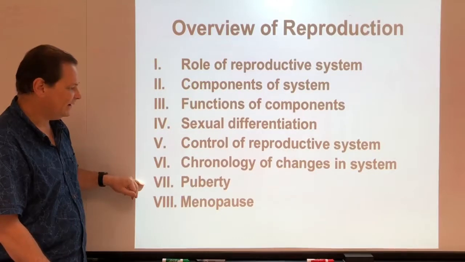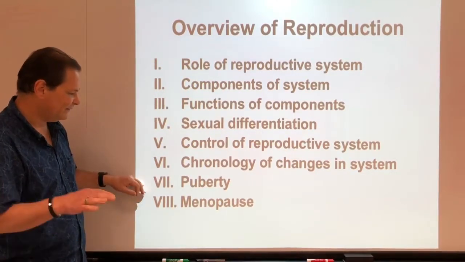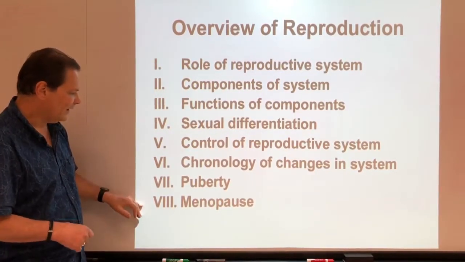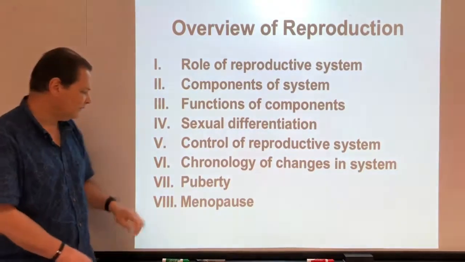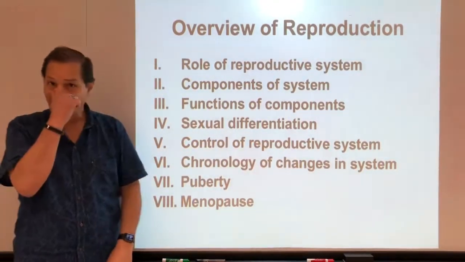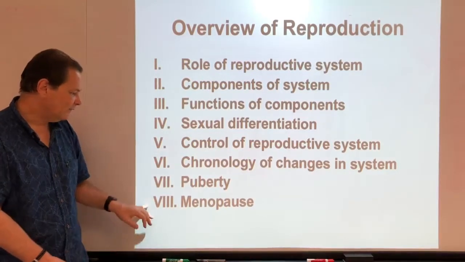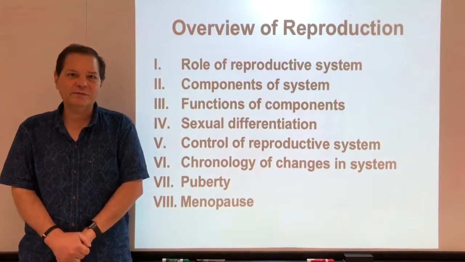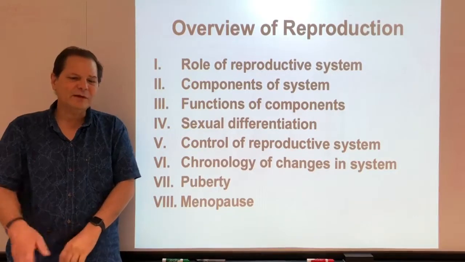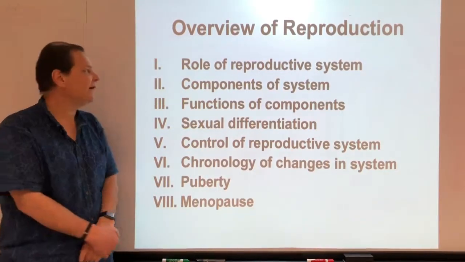We'll cover puberty and how it's initiated in some detail, at least some of the current theories. And we'll briefly cover menopause. Most of the mechanism will come in a later lesson, but it's a convenient place to cover, for instance, some of the secondary functions of estrogen and things like that.